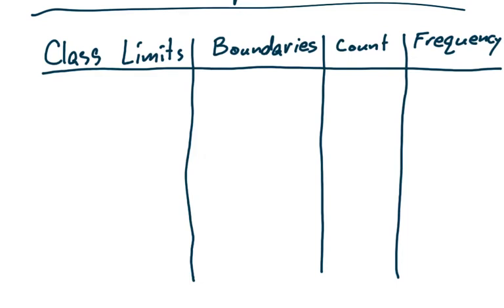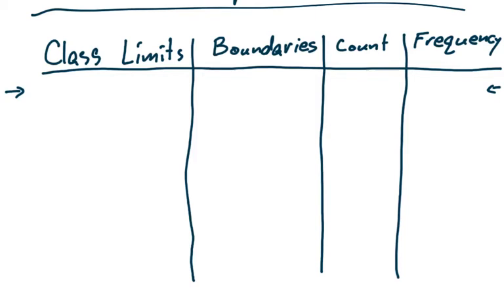So a frequency distribution is going to consist of essentially these 4 columns, but the main important ones are the class limits and then the frequency. So the class limits are going to describe the class itself, how wide it is, where it starts and where it finishes. The boundaries are going to be the technical start and end points.